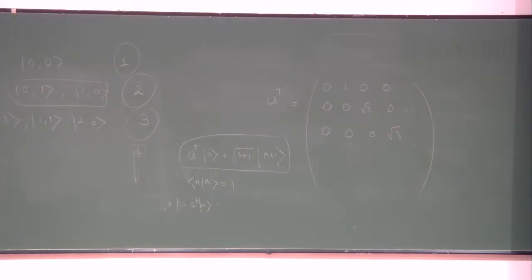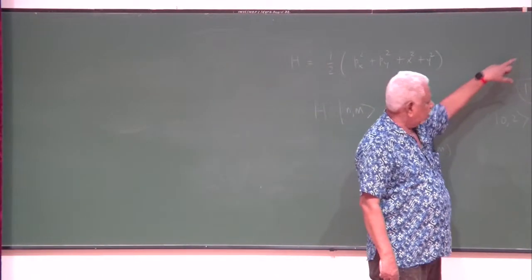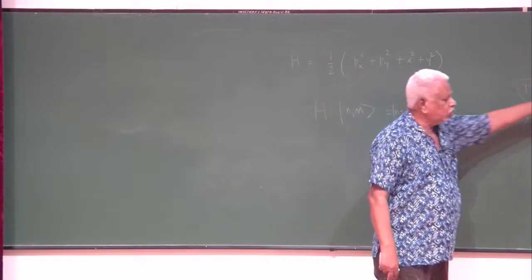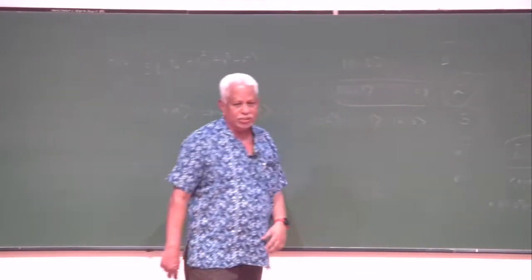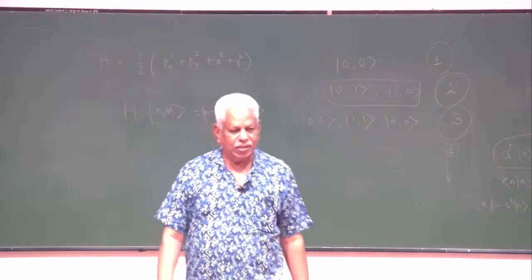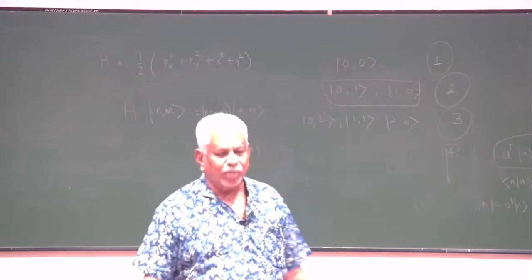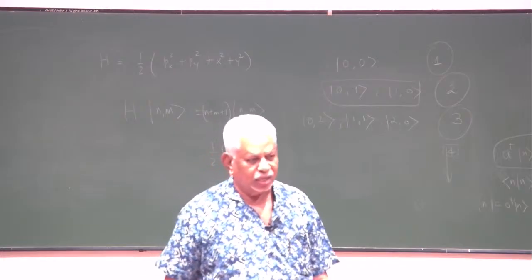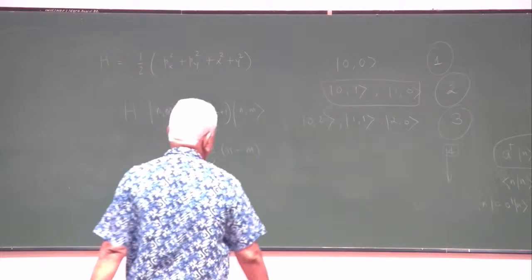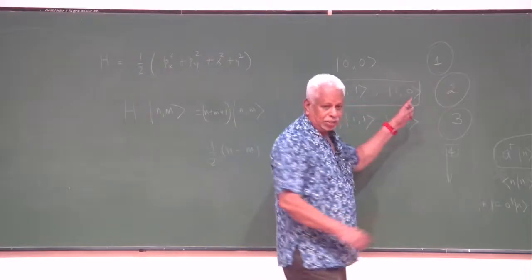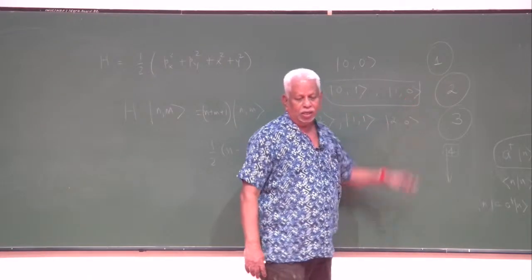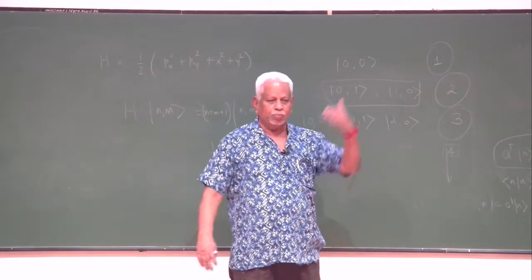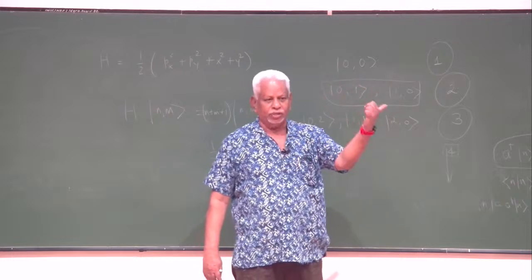So what is half of n minus m for this? It is 0, right. For this, there are two states here: n minus m is minus 1, half of that is minus half. And the next one, n minus m is 1, half of that is half. It's like plus half and minus half, spin up and spin down.